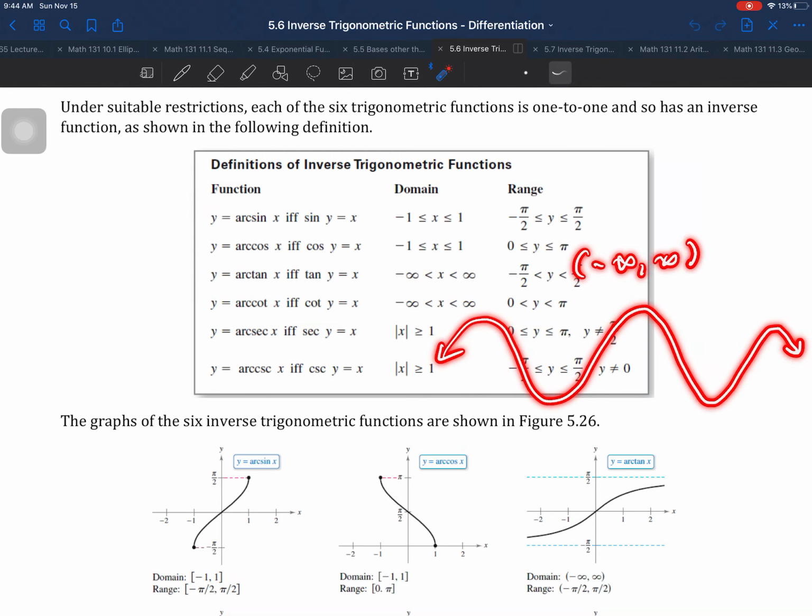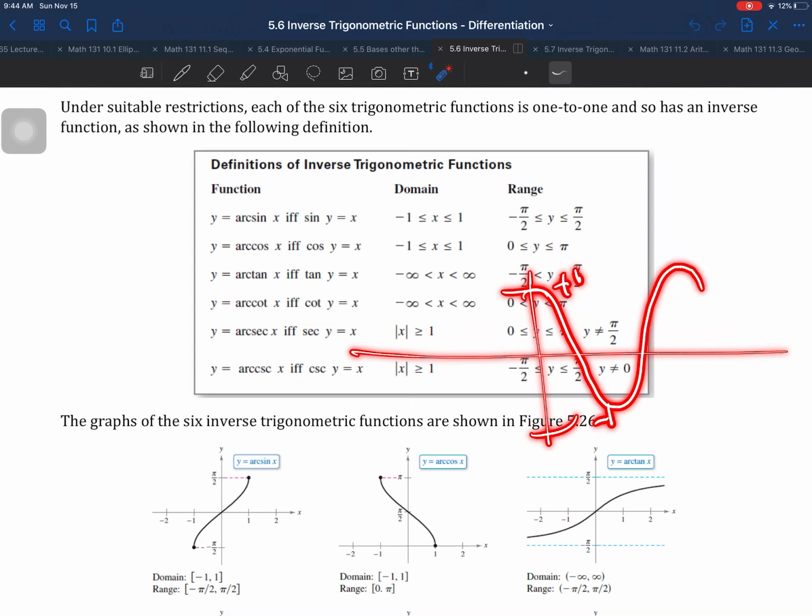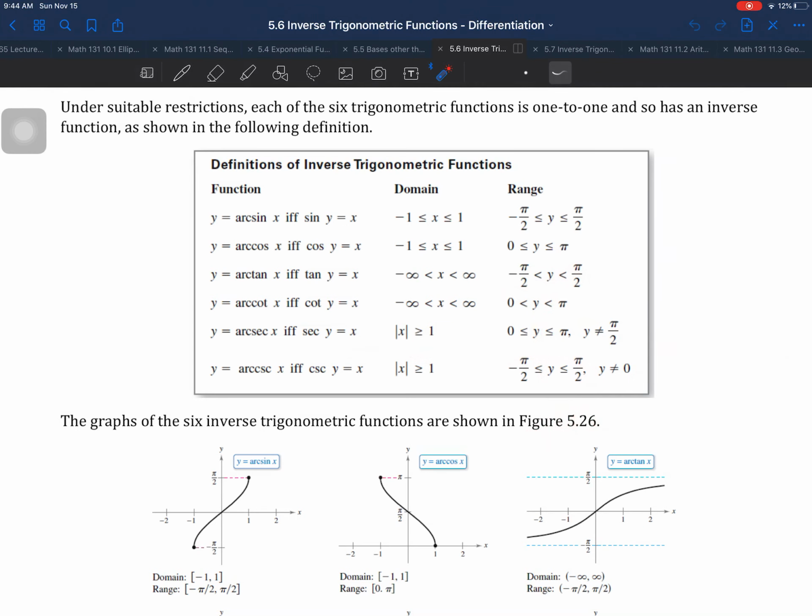But what we did last time was, okay, we're going to restrict it so that it goes from negative pi over 2 to pi over 2, and then if you notice, the range is from +1 to -1. So that's the range of a sine function. So that's where all this is coming from, right?